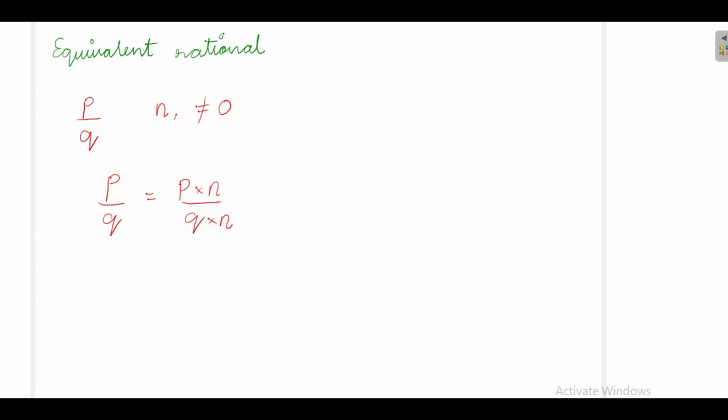Suppose we are given a rational number minus 2 by 5. Then let us check it for n equal to 1, 2, 3 and 4. When you have n equal to 1, then minus 2 by 5 is equal to minus 2 into 1 by 5 into 1, that is nothing but minus 2 by 5 again.